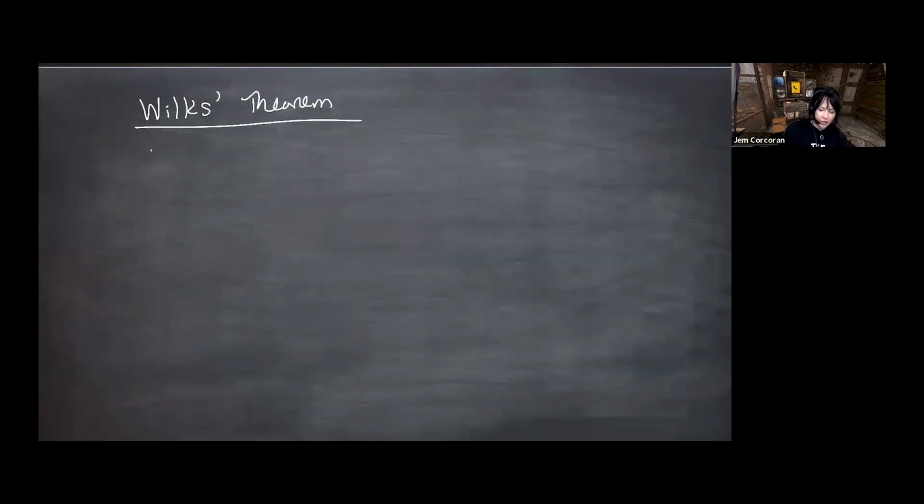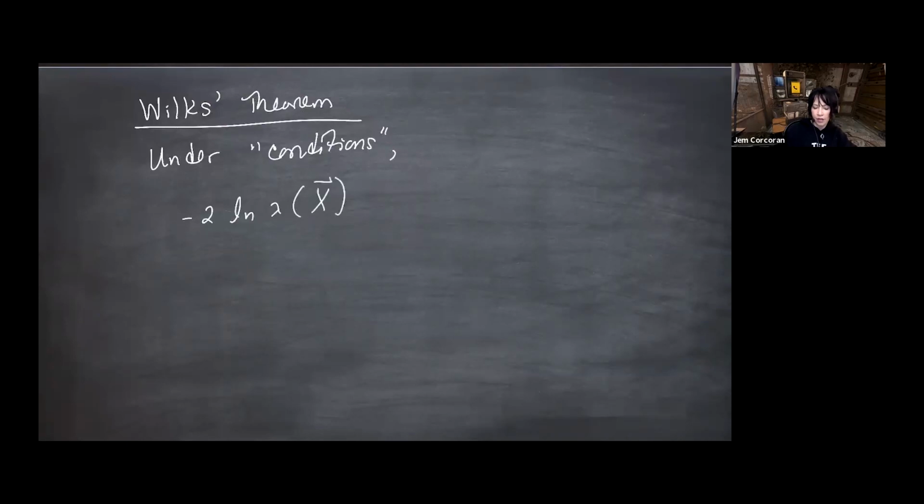So under conditions, -2 times the log of the likelihood ratio converges in distribution to a chi-squared with some number of degrees of freedom that's determined by the setup of the hypotheses. And I'm running out of time to finish this off.